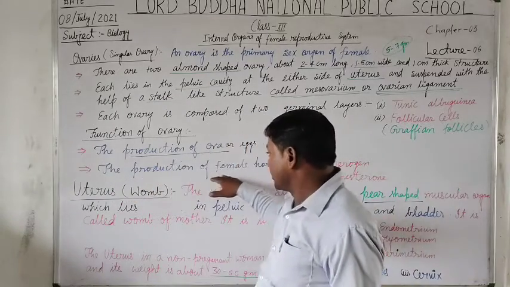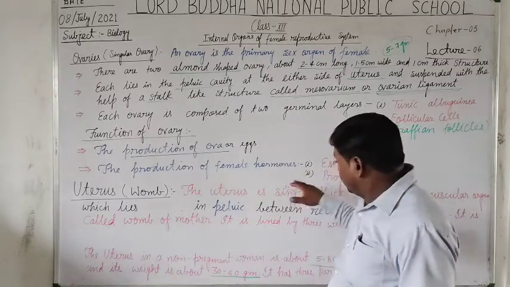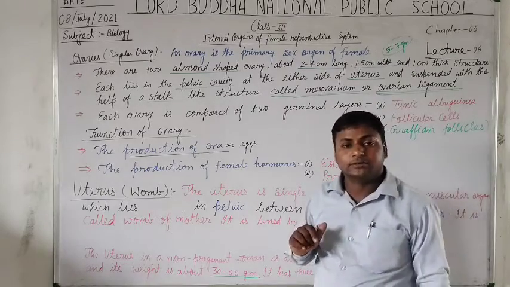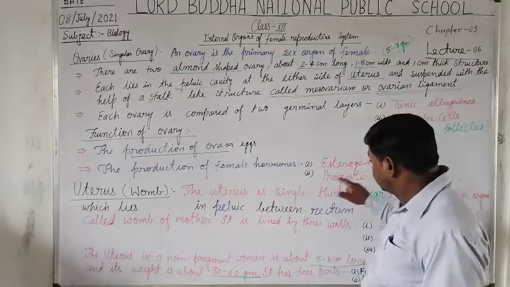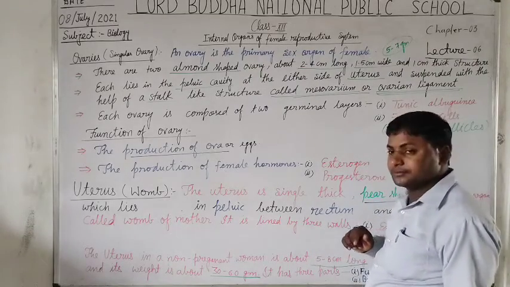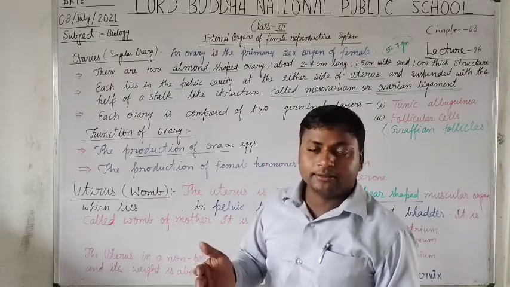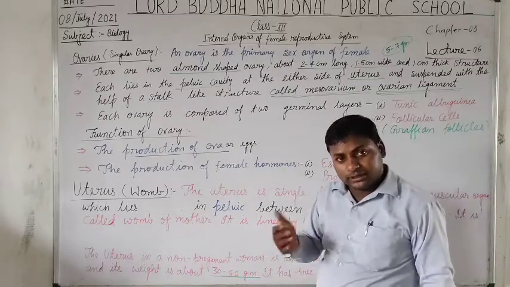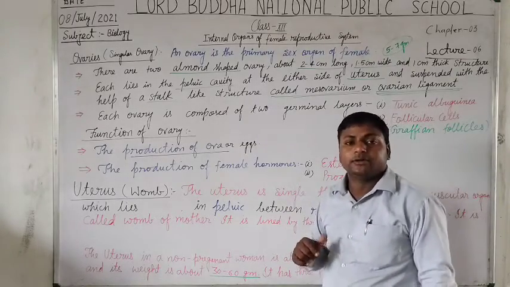Next function: the production of female hormones. There are basically two female hormones produced with the stimulation of the pituitary gland. The first one is estrogen, which is responsible for bringing puberty in females, and the second one is progesterone.